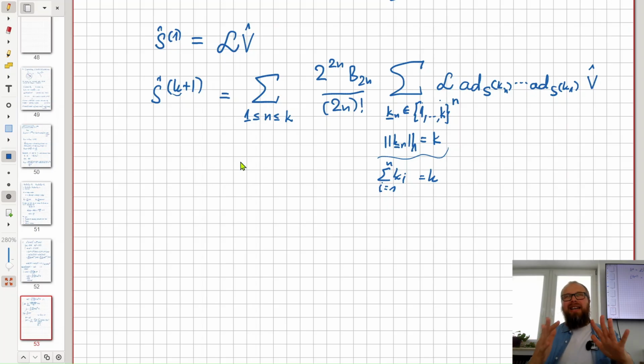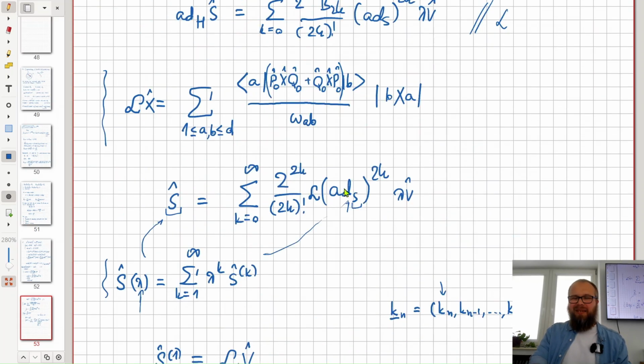But I said that diagrams have the form of a tree, which actually makes sense because when you start here, we are here, right? You put here S in the form of a series, and it will spawn into branches.